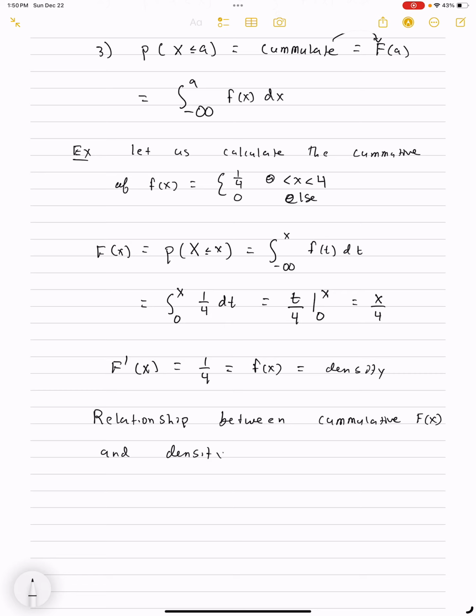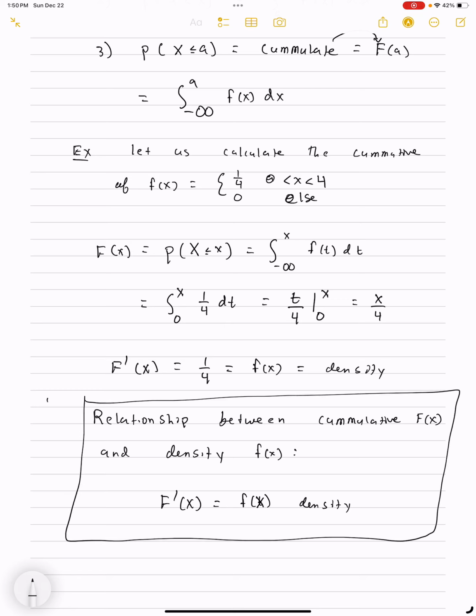And it's as follows. The relationship is just that F prime of x is equal to f of x, the density. And this is proven directly using the fundamental theorem of calculus. You can think of this as your fourth rule. Okay, thank you very much.